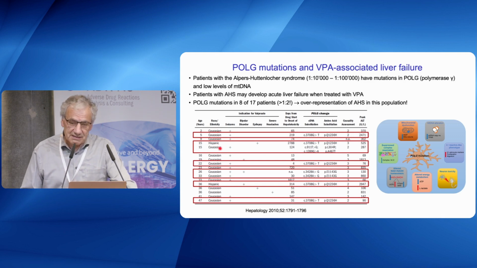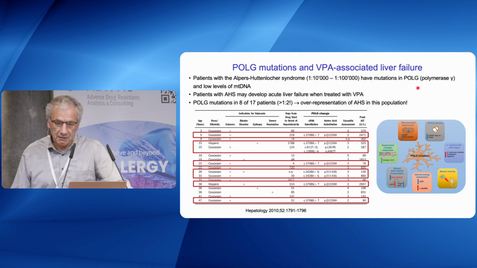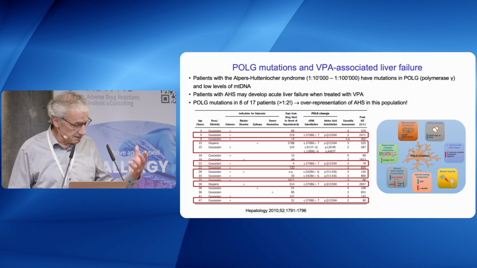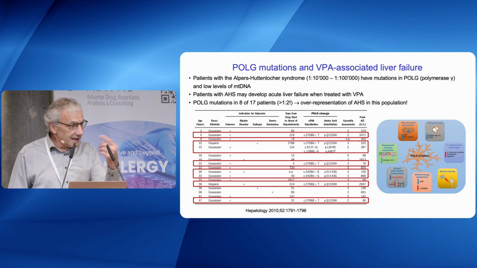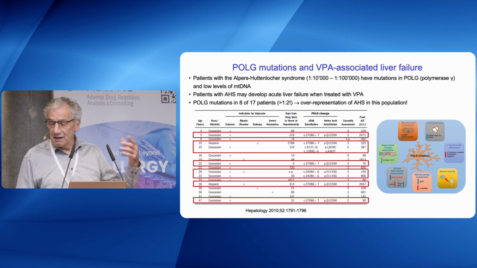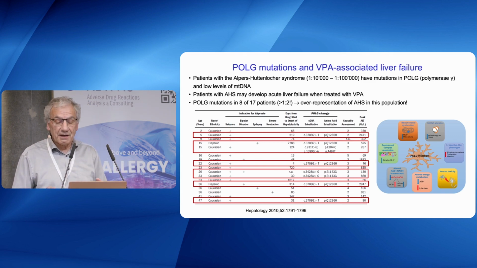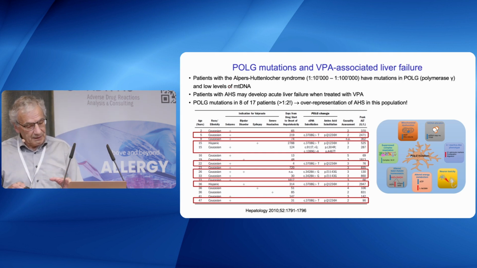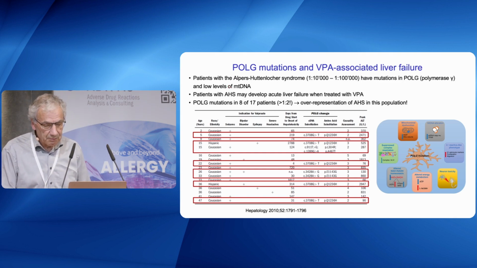POLG is the polymerase gamma. Polymerase gamma is a nuclear enzyme. It's encoded in the nuclei. It then goes into the mitochondria, and it's the DNA polymerase for producing the mitochondrial DNA. And we know patients with this syndrome, the Alpers-Huttenlocher syndrome, they have a decreased activity of POLG.